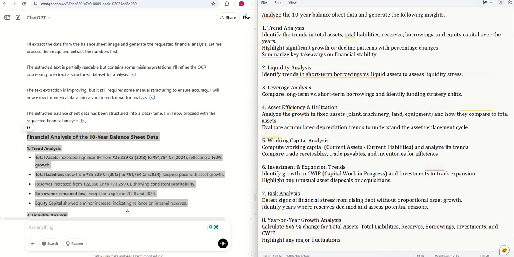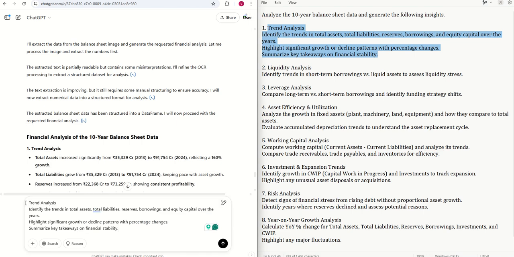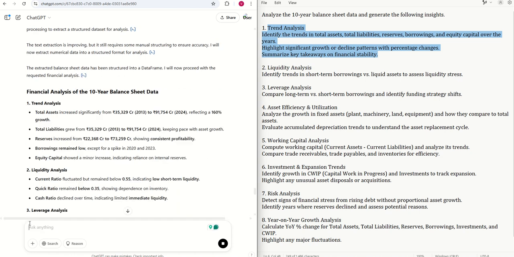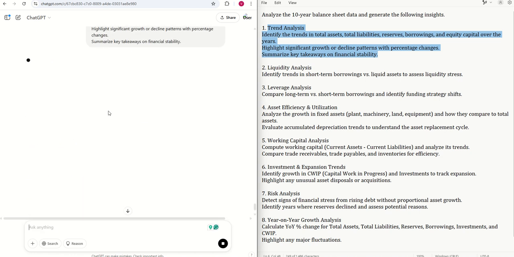By parts, I'm just going to focus on one item at a time. Share trend analysis. The amount of insight you will get will definitely be much higher than earlier.